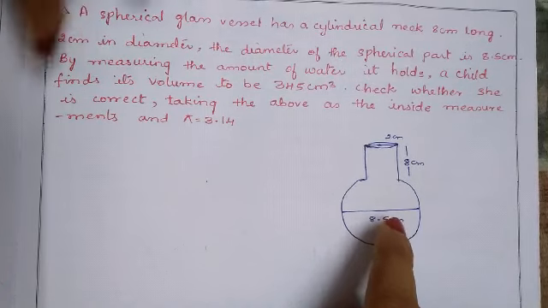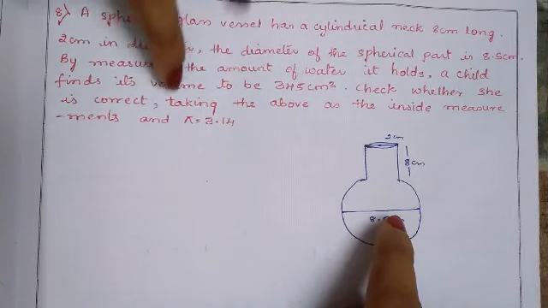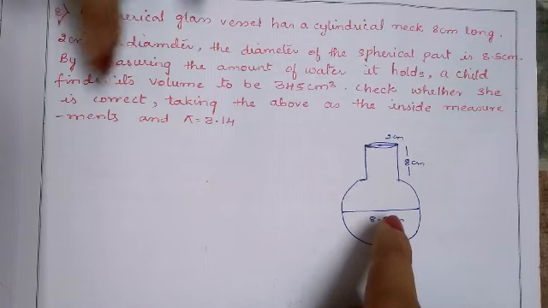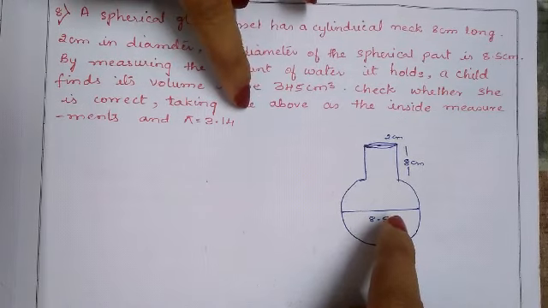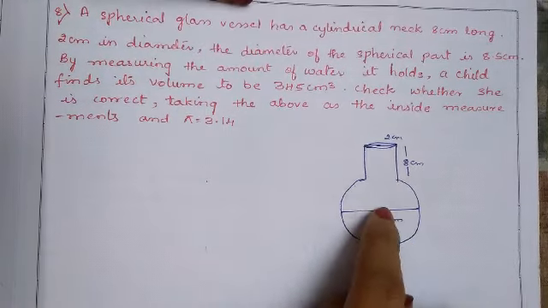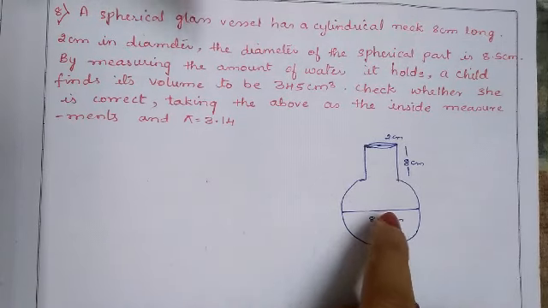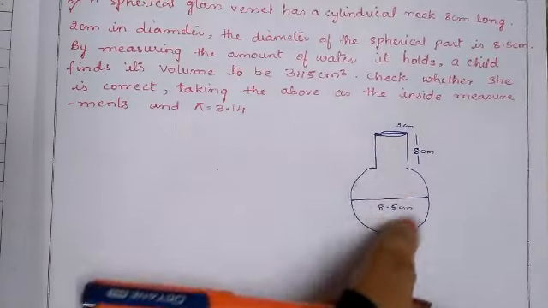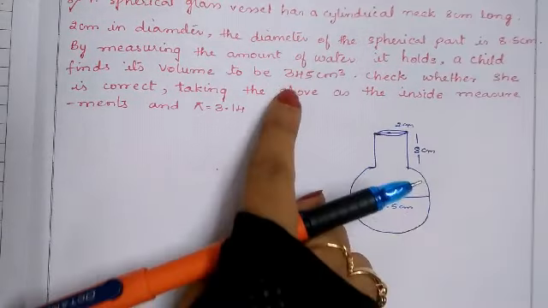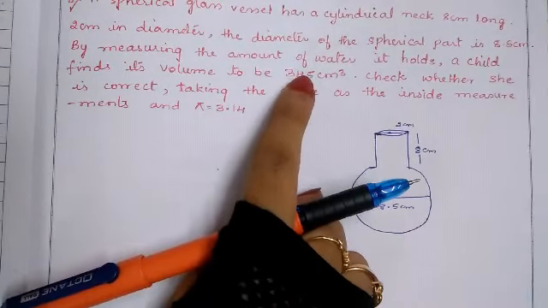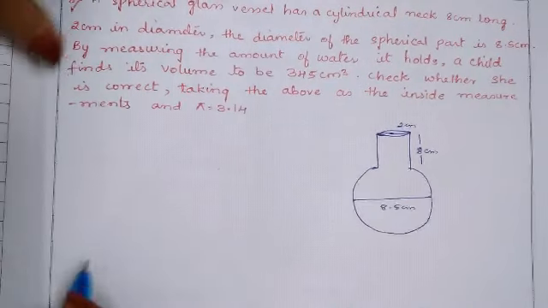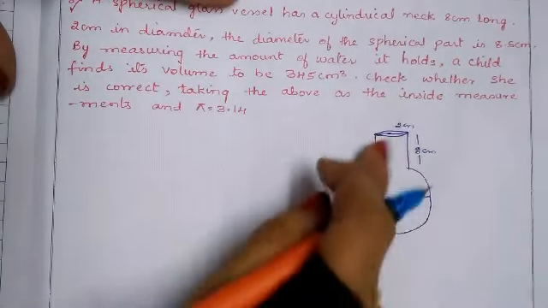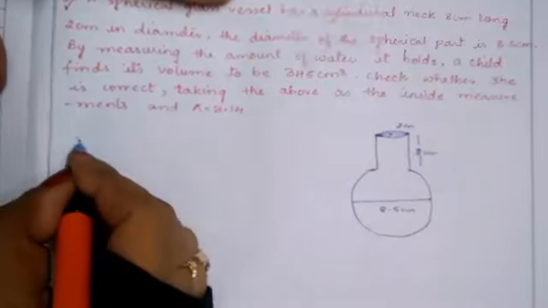Check whether she is correct, taking the above as the inside measurements and pi as 3.14. We have to check whether what the child is saying is correct or not. Let us find the volume by this measurement and see whether the answer is approximately 345 or not. How can we find the volume of this vessel?